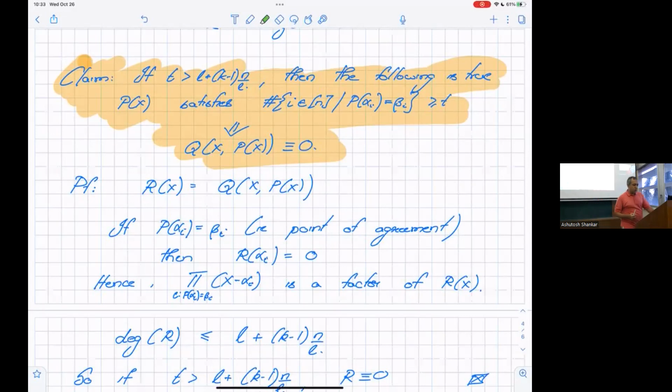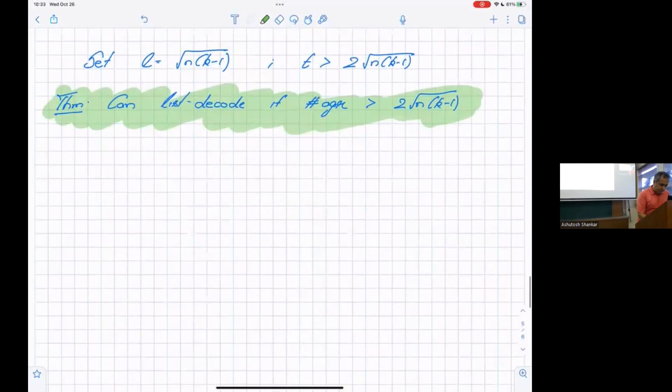So we'll define this new notion called the weighted degree, to balance the imbalance in the x and y degrees.